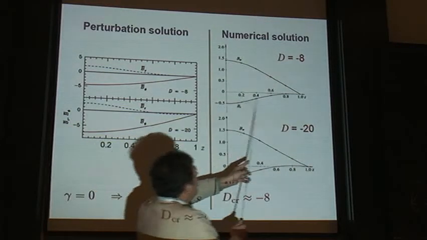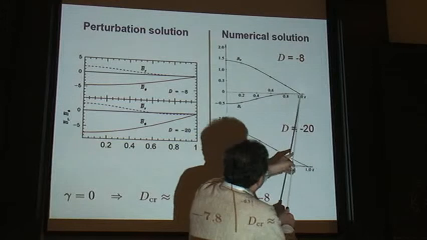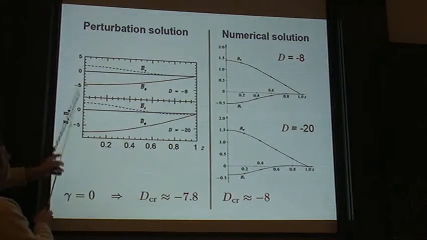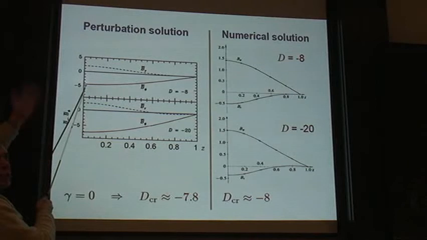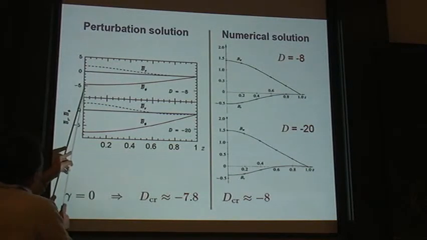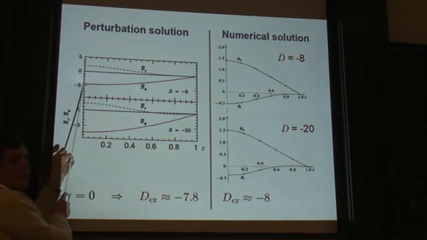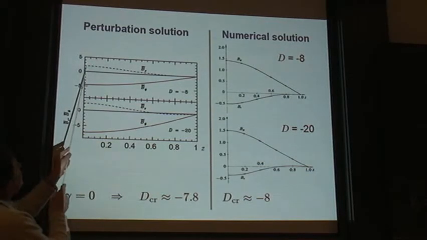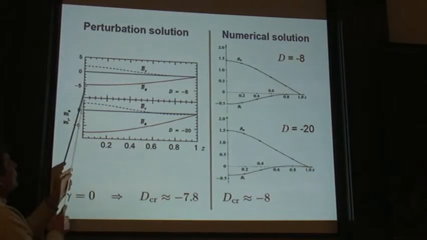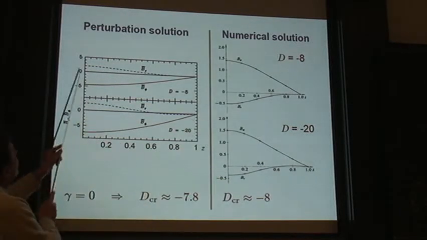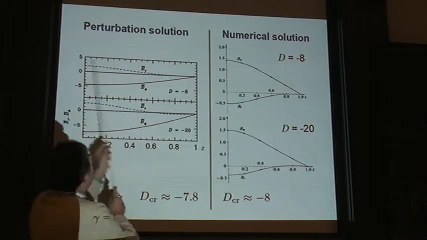Then it sort of gradually decreases to 0. Minus 8. Here, B phi and Br have opposite signs, but it shouldn't worry us. These are linear equations. B phi starts from about minus 5. Minus 5 divided by 3 is sort of 1.5, right? Oh, indeed, it's about minus 2. So the ratio of B phi and Br at the origin is quite reasonable. And then indeed, they roughly behave in the same way.